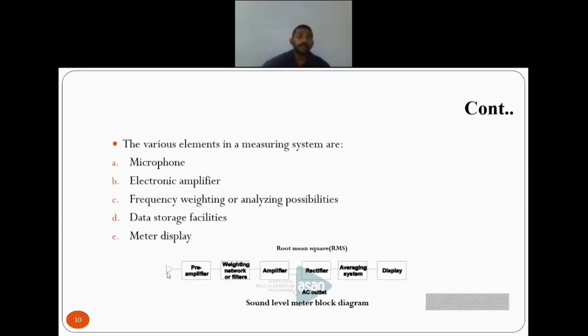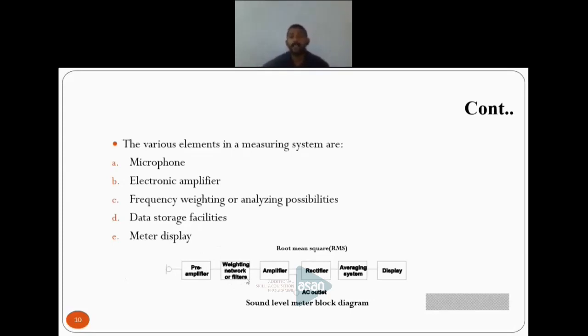When the waves hit the membrane, they are converted to an AC signal by the preamplifier. Then the weighting network or filters determine in which frequency we want to measure, and this is done in these steps.